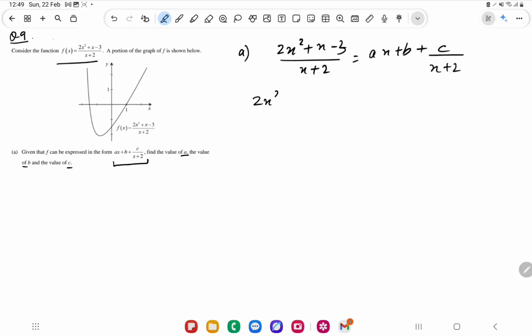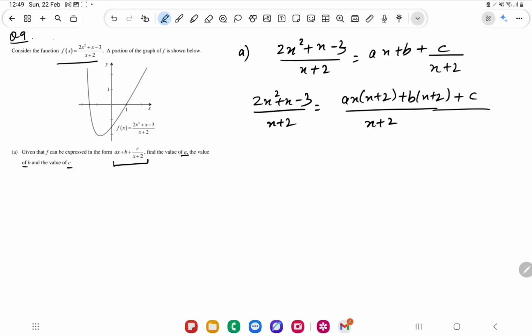So my left hand side will be the same. I have to take the LCM of x plus 2 on the right hand side. So I can write a(x plus 2) plus b into (x plus 2) plus c.